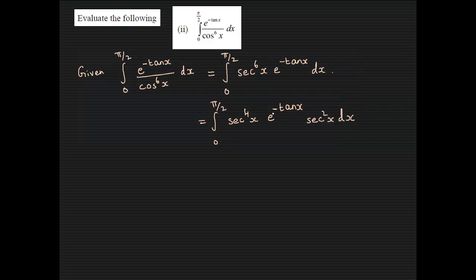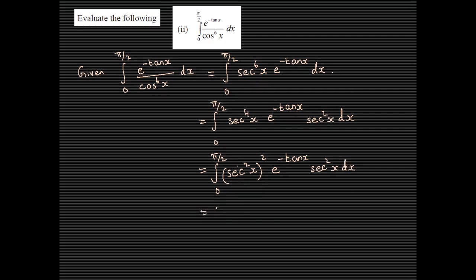Okay, so I am going to use the substitution method, so that's why I am doing all these. Which is equal to integral 0 to pi by 2. This secant power 4 can be written as secant square x the whole square, e power minus tan x into secant square x into dx.